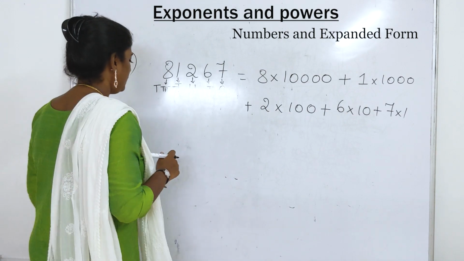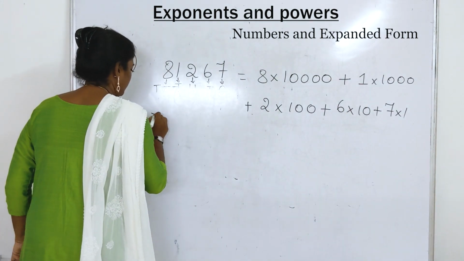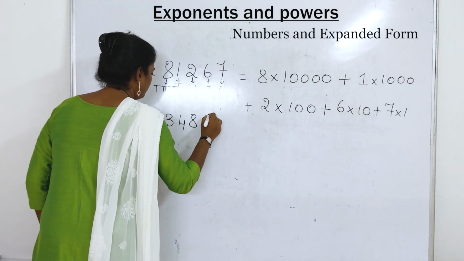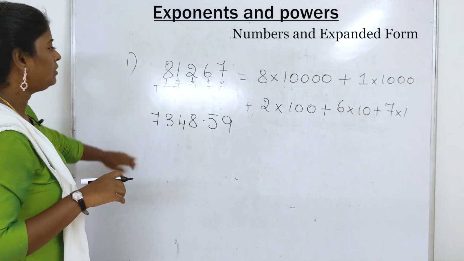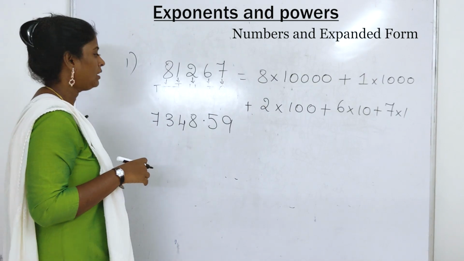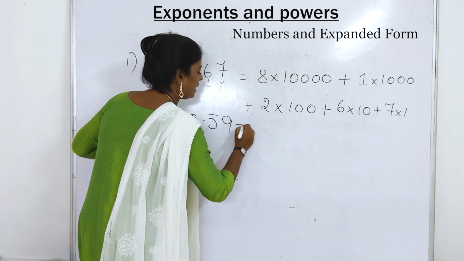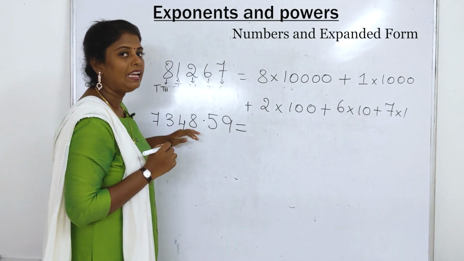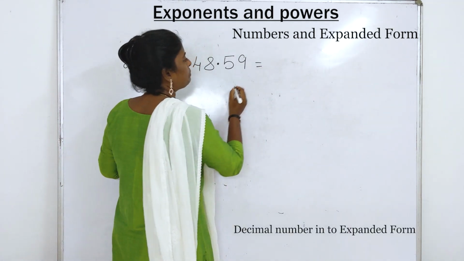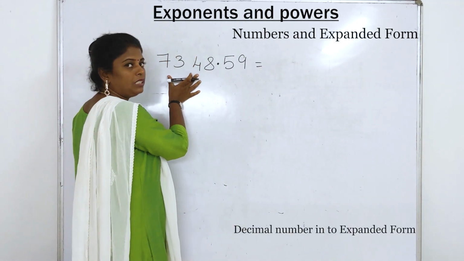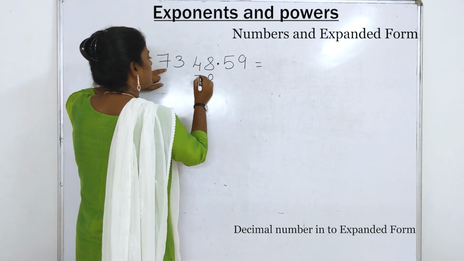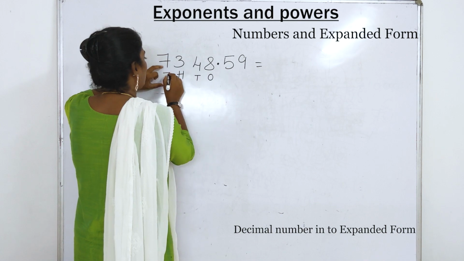For example, if we have 7, 3, 4, 8.59. So this is an integer part and this is a decimal part. We are going to write this number in an expanded form. First we have to expand the number before the decimal point. So this is ones place, tens, 100, 1000.